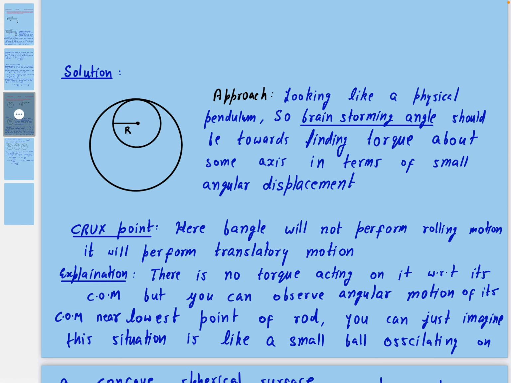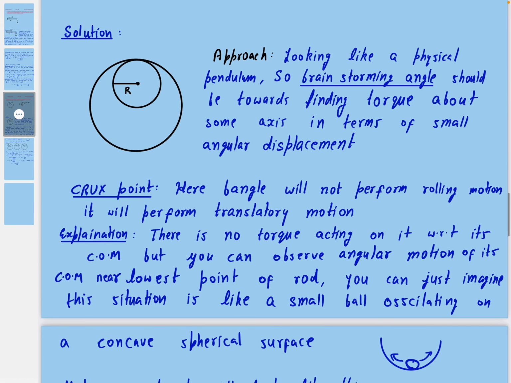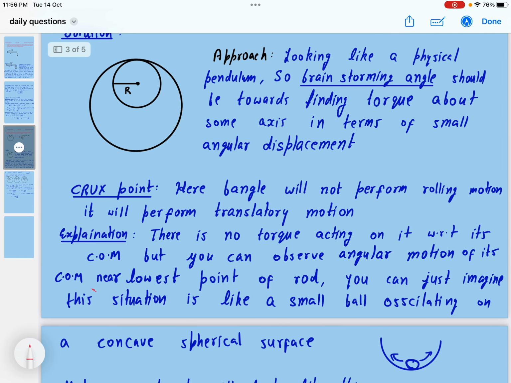Now the situation will be like this. I will also show this motion, but this problem and what I'm showing are identical: a small point mass oscillating on a concave spherical surface. These two things are identical.